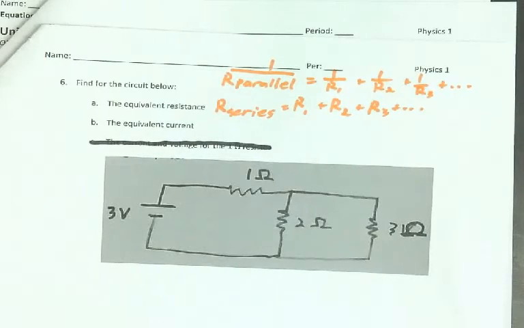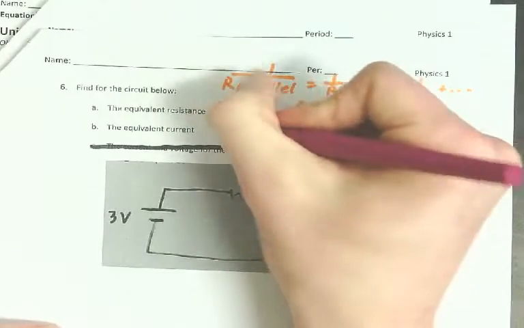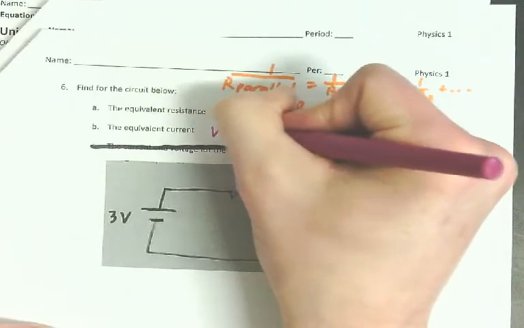That's how you find equivalent resistance, and equivalent current is very easy. It's V equals IR.